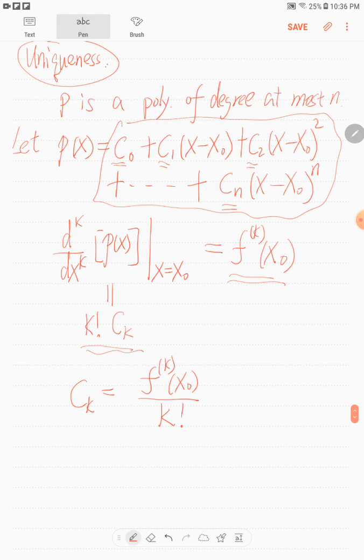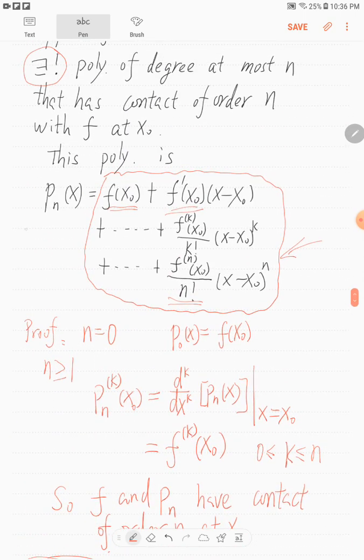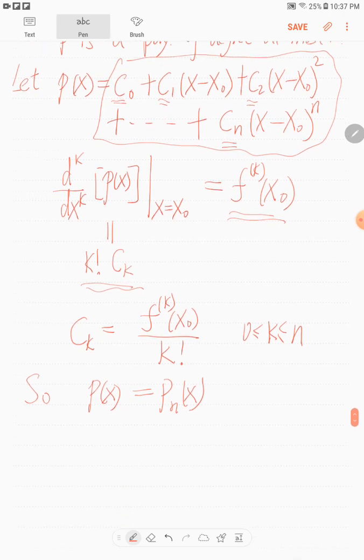So here k is from 0 to n. That means this P of x must be equal to p sub n of x, where p sub n of x is given by this formula. So we finish the proof. There is no other choice.